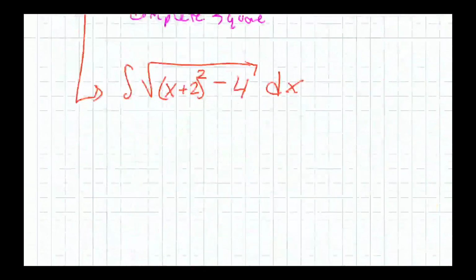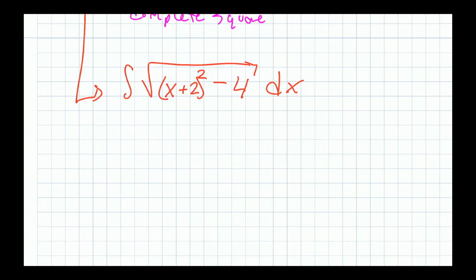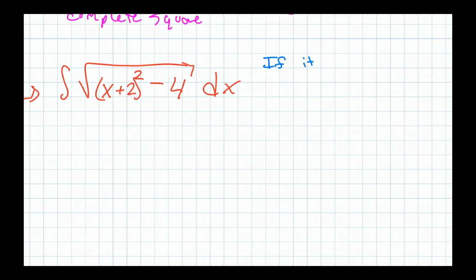Okay, x plus 2 squared minus 4, right? If it was, in a better color, x squared minus 4, we would use a secant, and it would be x equals 2 secant theta.